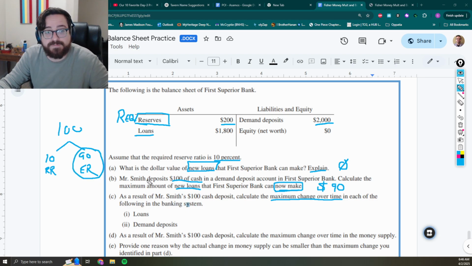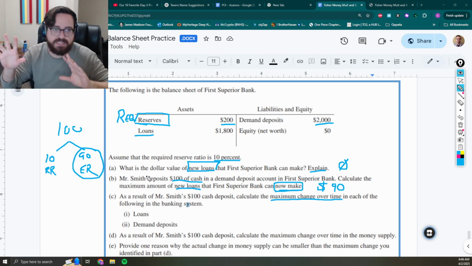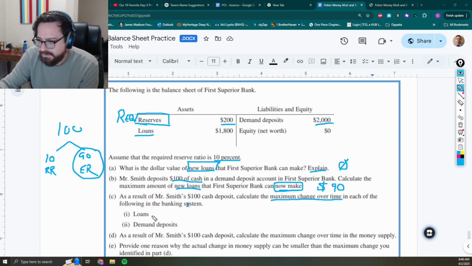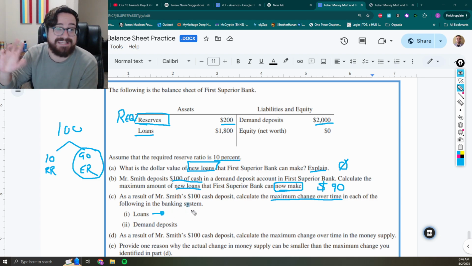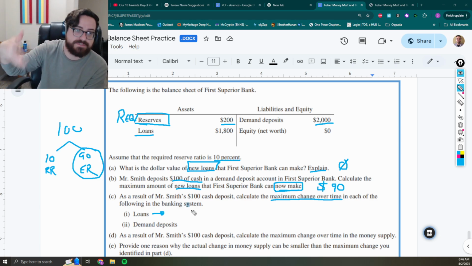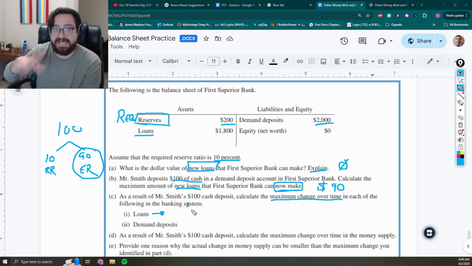Remember, the multiplier formula was change in excess reserves times money multiplier equals change in the money supply. So I would do this. This change in loans over time is the money supply change. That's technically a synonym here, because the way they're creating money is money is getting deposited, lent out, now usable, spendable.